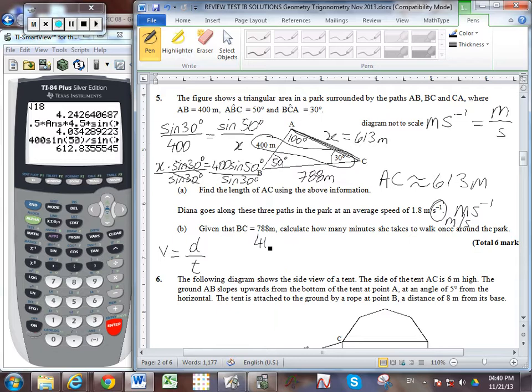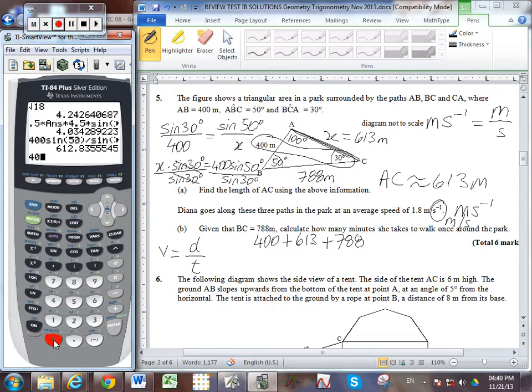Okay, so the total distance that she's traveled is 400 meters plus 613 meters plus 788 meters. In fact, it wasn't exactly 613, was it? I'll tell you what I'm going to do.